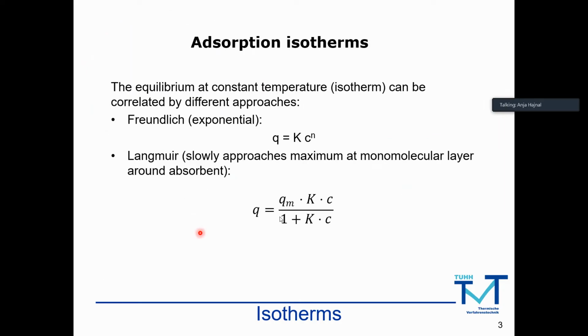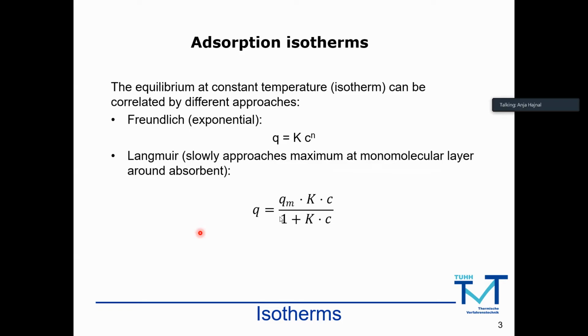Now, there are many adsorption isotherms, and as I said, the adsorption isotherms describe the equilibrium relationship between the loading and the concentration of the solute in your solution at a constant temperature. And there are many approaches that we can use to calculate this.